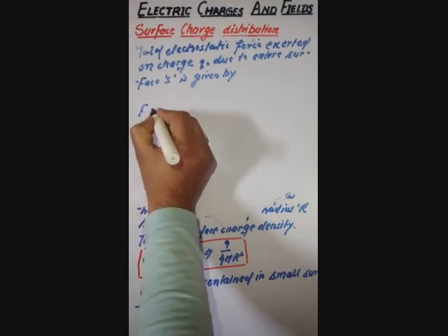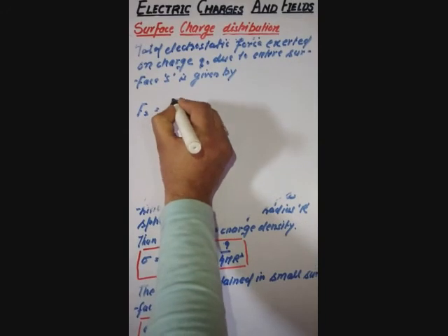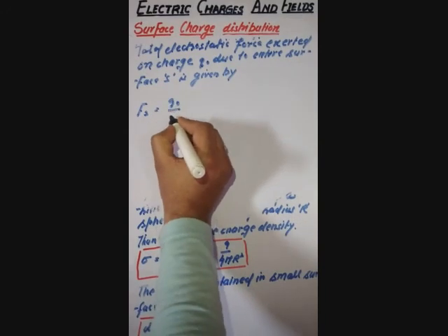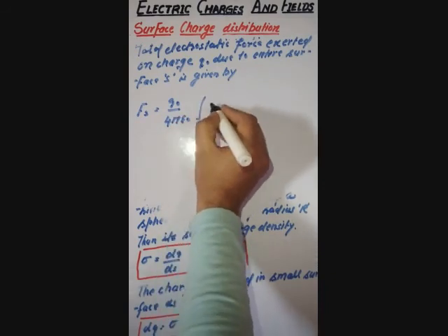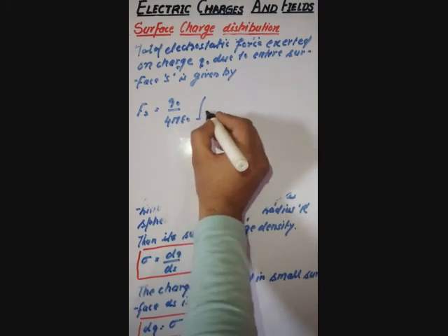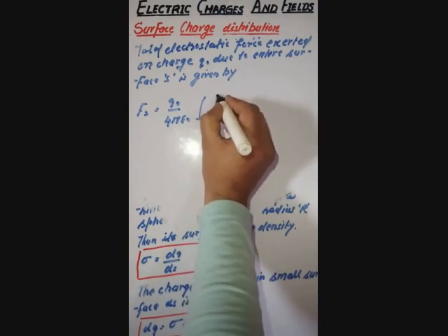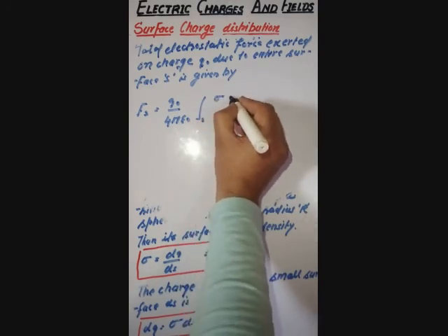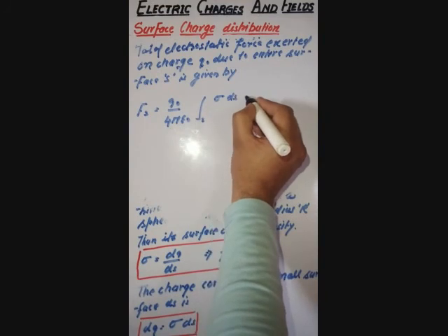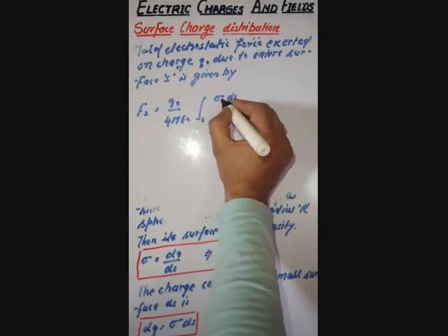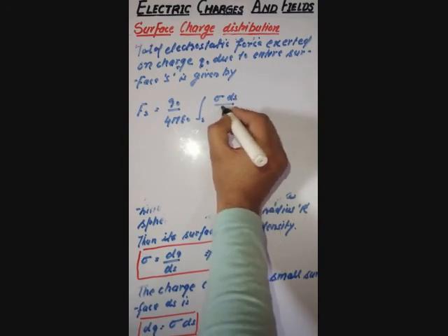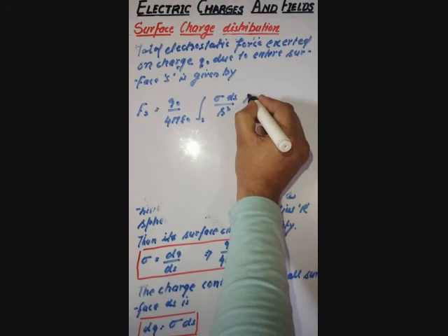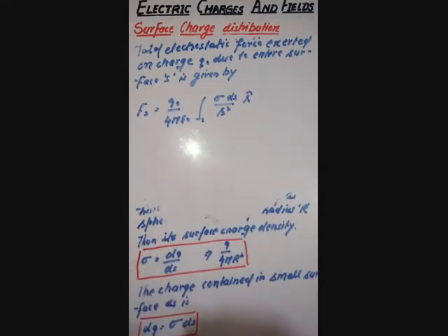Again, force exerted equals q naught upon, for directly you can solve it, 4 pi epsilon naught integration over the surface of sigma ds. Here you can write dq, so the dq will be converted into sigma ds upon r square and r cap.